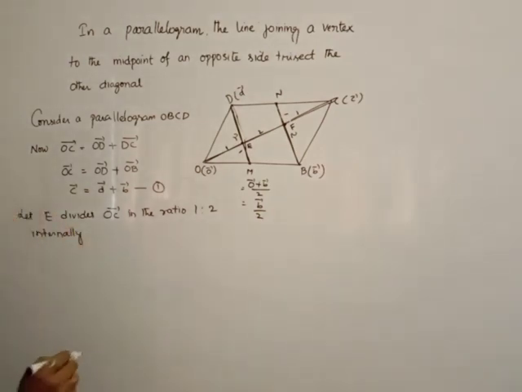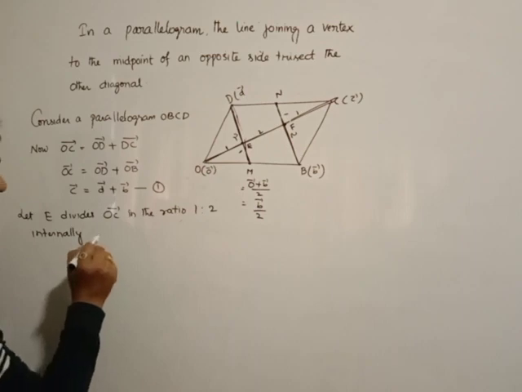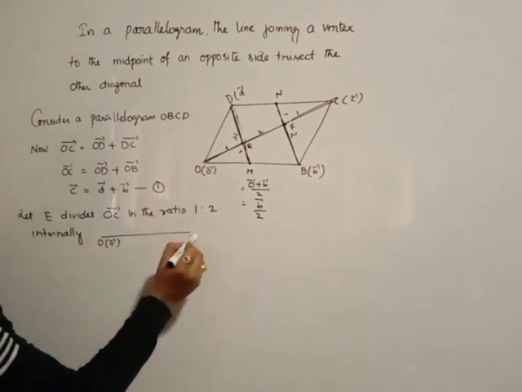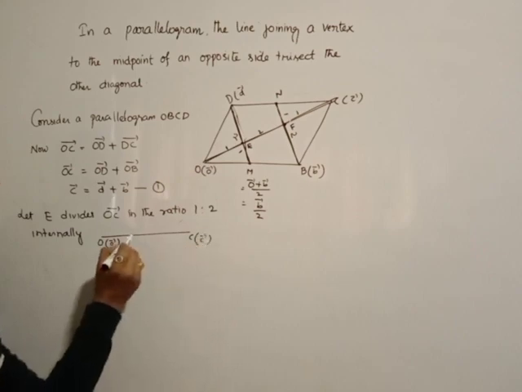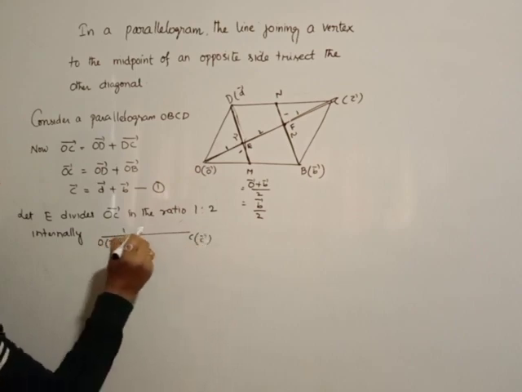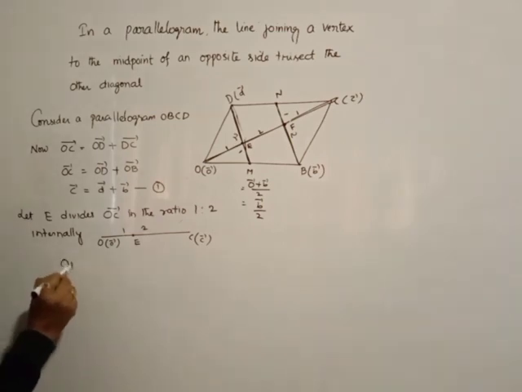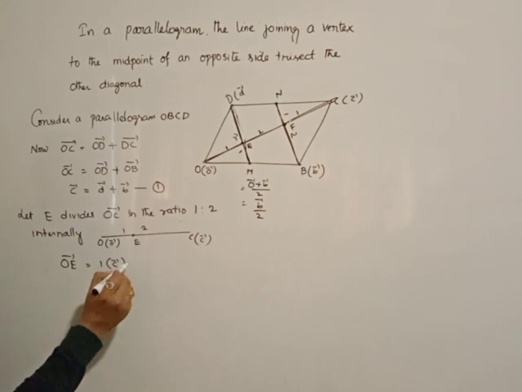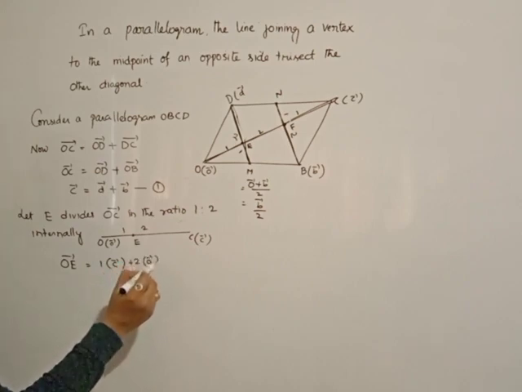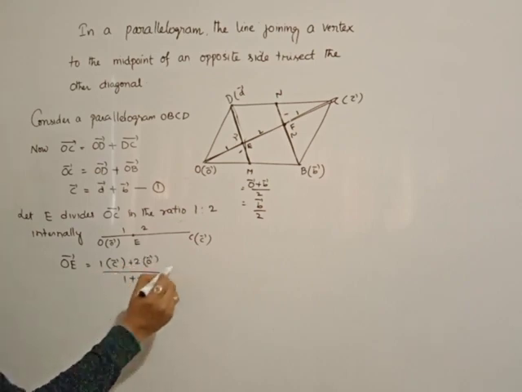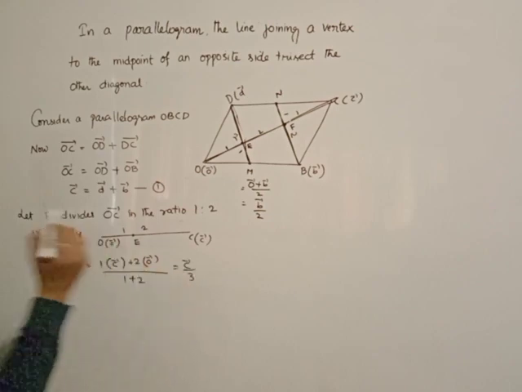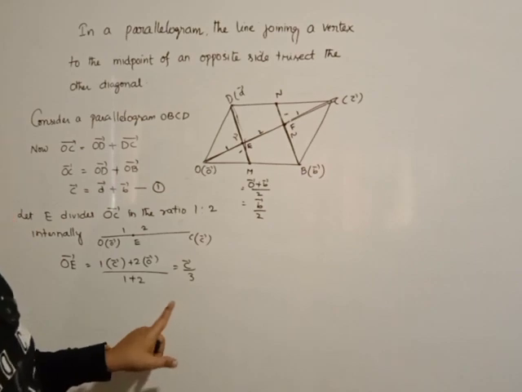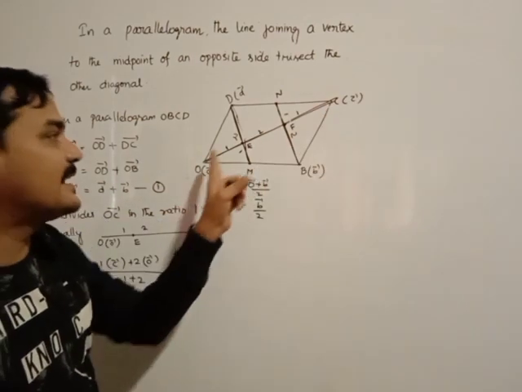That means O is the point O bar, C is the point C bar, and E divides in 1:2. Therefore OE bar is 1 into C bar plus 2 into O bar by 1 plus 2, that is C bar by 3. So from the diagonal OC, OE bar is C bar by 3.